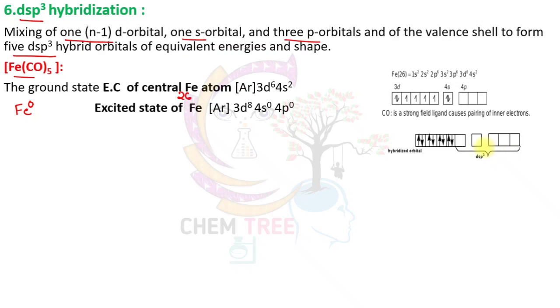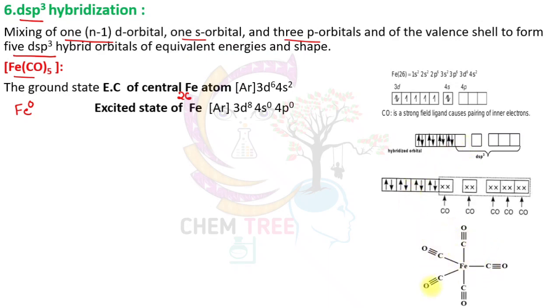These vacant 5 dsp3 orbitals accept the 5 pairs of electrons of carbonyl and form 5 iron-carbonyl bonds.